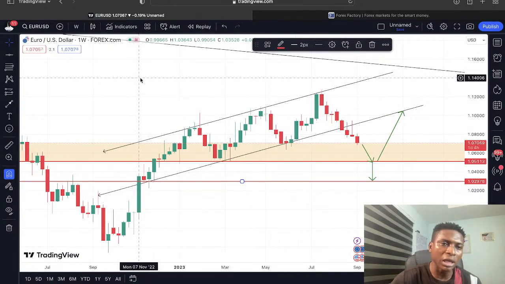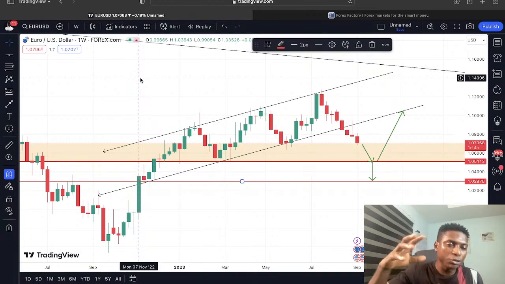Okay, so let's go down to the lower time frame, since we are doing a top to bottom approach. All right, a top to bottom approach gives you that broader to a clearer view.